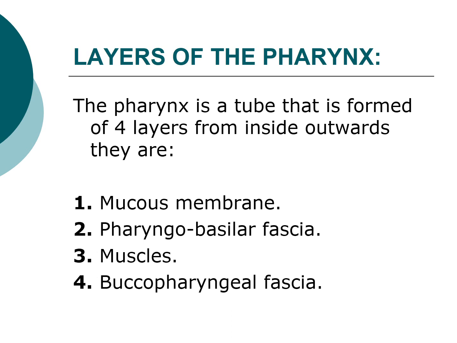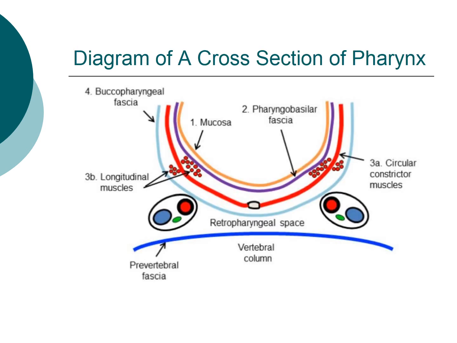So the layers from inside outwards: mucous membrane, pharyngeo-basilar fascia, muscles, and the buccopharyngeal fascia. This is a diagram to show you the layers of the pharynx.